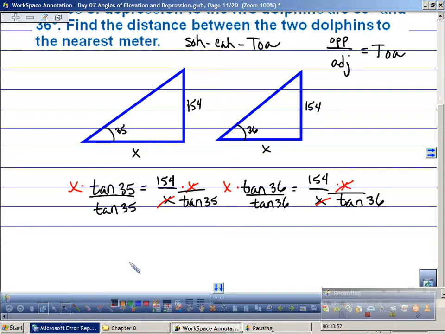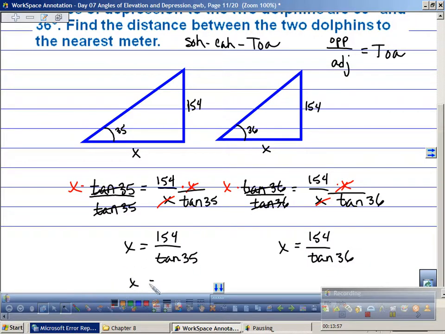And I get, so tangents cancel. So I get x equals 154 divided by the tangent of 35, and x equals 154 divided by the tangent of 36. Give me some numbers, people.